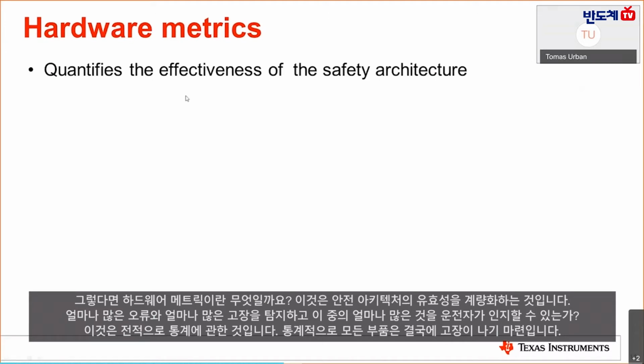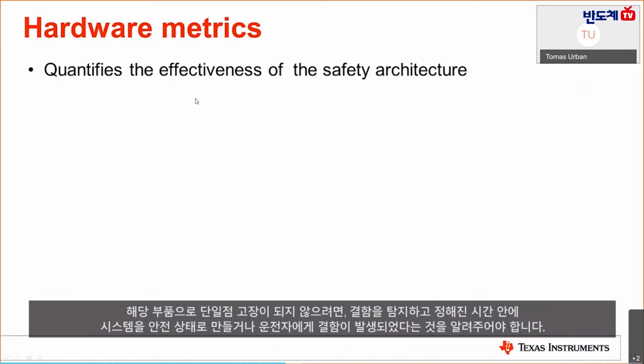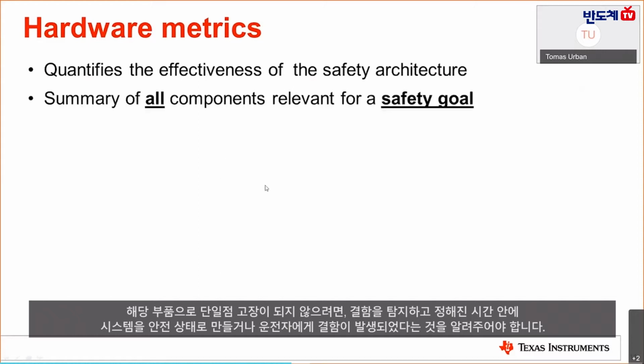Basically, it's all about statistics. Statistically, every component eventually fails, and in order not to become a single point of failure of that component, we need to somehow detect this failure and, within a given time, either put the system in a safe state or indicate this to a driver.